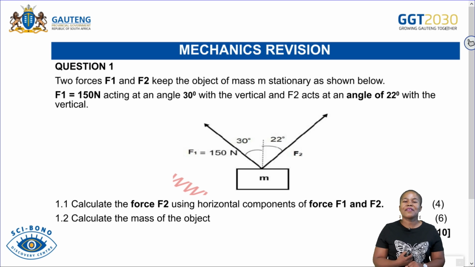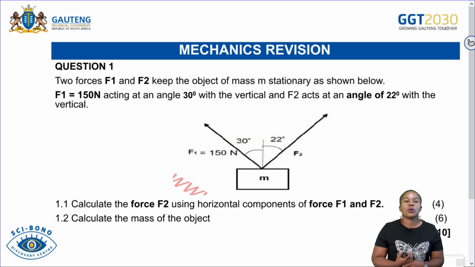F1 equals 150 newtons, acting at an angle of 30 degrees to the vertical, and F2 acts at an angle of 22 degrees with the vertical. Remember, it is important to read the statements that you are given, because that's where the most information is.